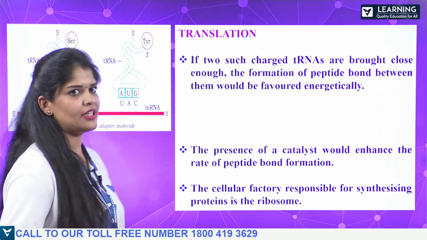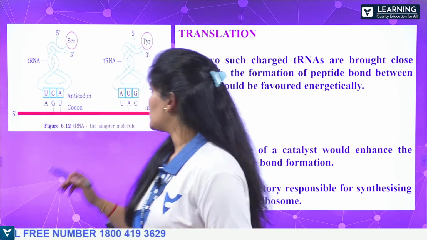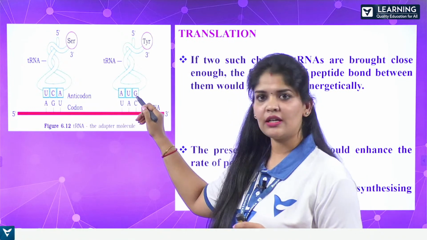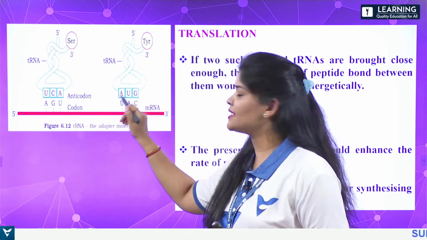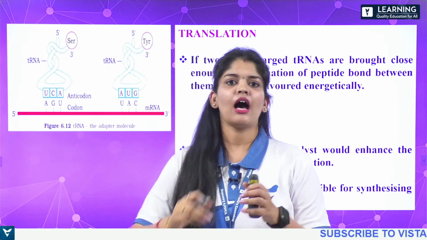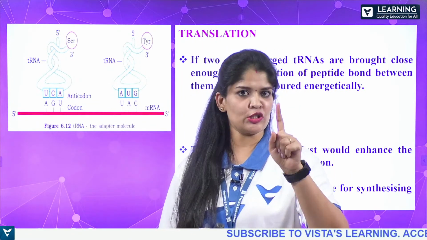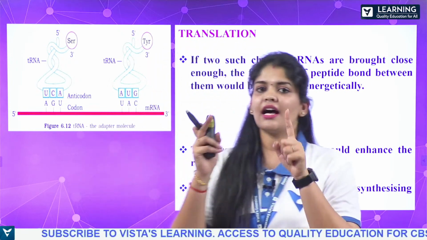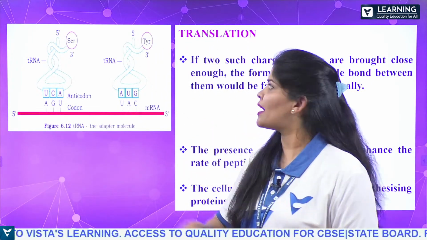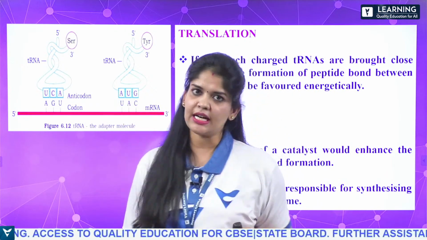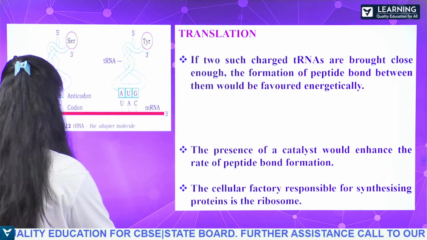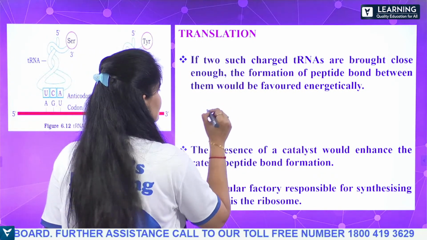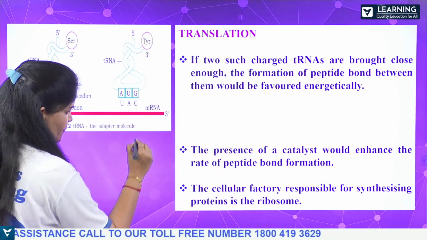Now, moving ahead. So here, what is tRNA doing? tRNA has an anticodon by which it can read the code which is present on the mRNA, and based upon the code on the mRNA, it will identify the activated amino acid, and that activated amino acid will come and attach to the acceptor arm. Let's look at the structure as we already discussed. I'll draw here.